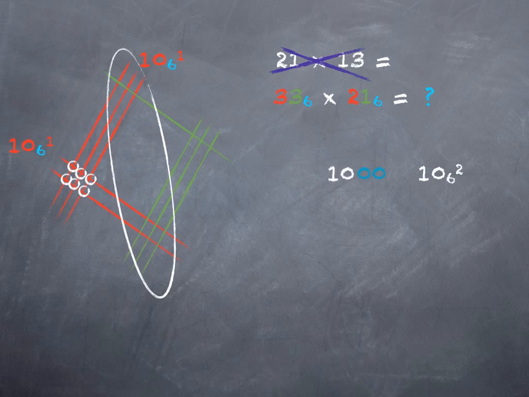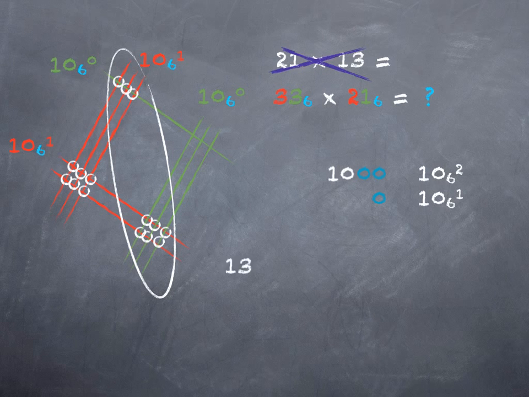My middle intersection, now I'm bringing the 1's place into play. So this is going to leave me with 1 trailing 0, or 10 to the first in base 6. And I count those again, remembering that I have to roll over at 5. So I have 1, 2, 3, 4, 5, 1 0, 1 1, 1 2, 1 3.